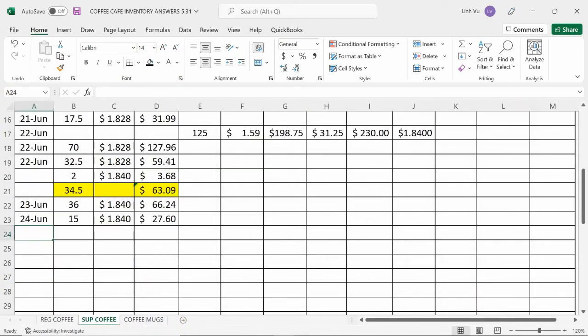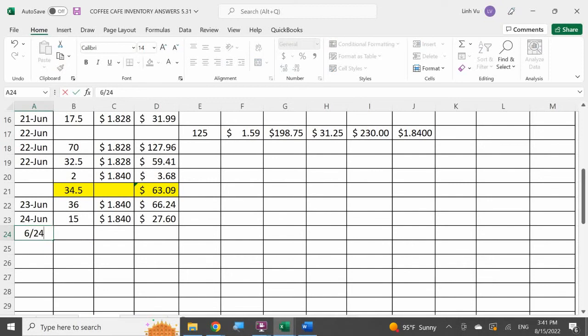Okay, and then let's see what else. In Supreme coffee, we purchased 125 at 161. And 31 1/4, 232. Okay. And this one is FIFO, so we would need to put that up.